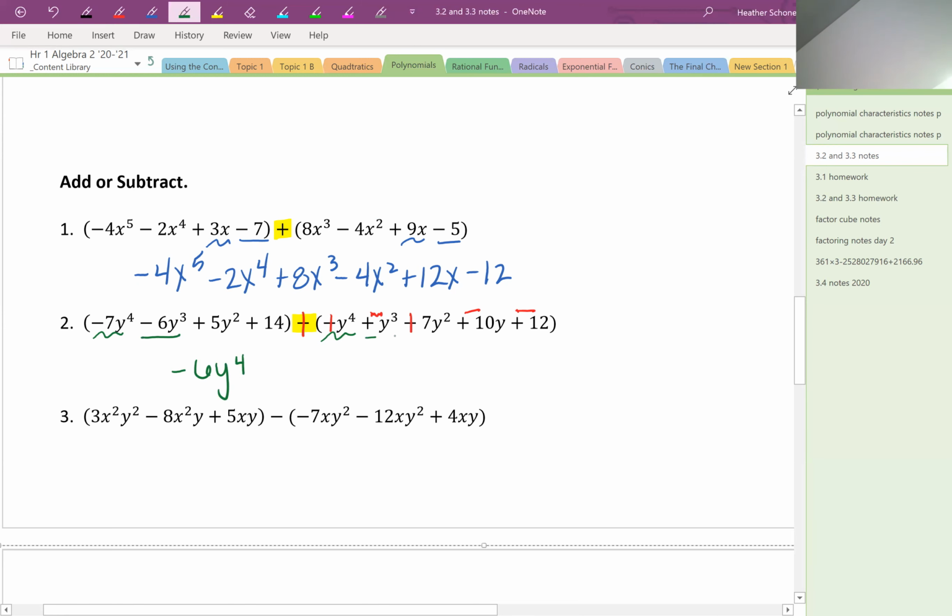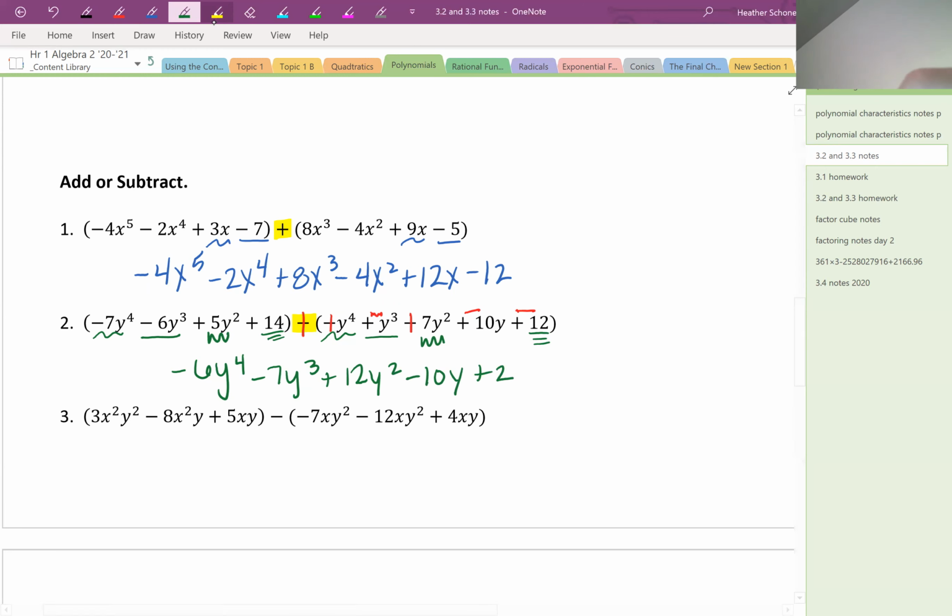Negative 6y cubed and negative y cubed would be negative 7y cubed. 5y squared and 7y squared would be 12y squared. The only y is this one, negative 10y. And then 14 and negative 12 would give us 2. And now we've combined our like terms.